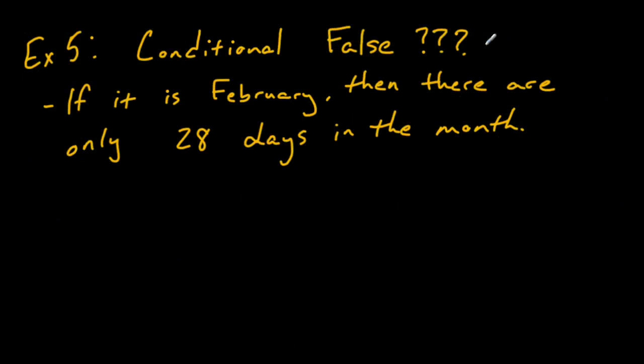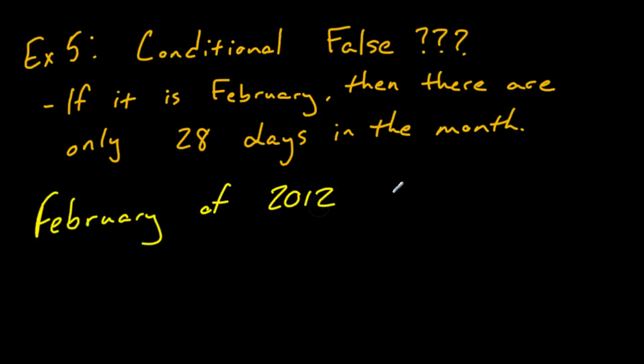So let's look at one. Is this conditional false? If it is February, then there are only 28 days in the month. Well, that makes sense, right? You might think it's true, but indeed, February of good old 2012, everyone remembers that great 2012 February, serves as a counterexample.